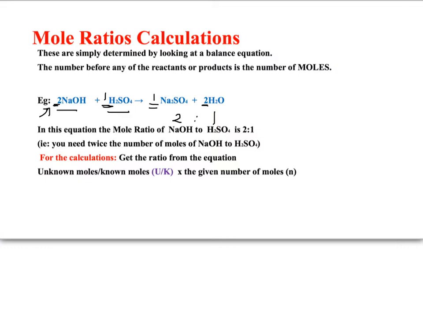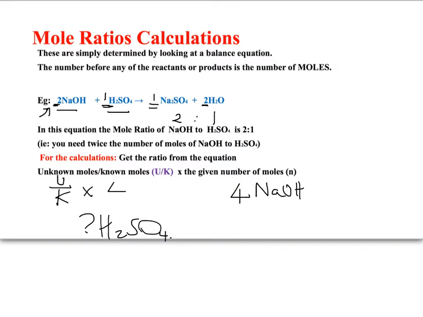So if instead we were told that we had 4 moles of sodium hydroxide, and we wanted to find out how many moles of H2SO4, then we would go the unknown divided by the known times that number of moles, so times the 4.